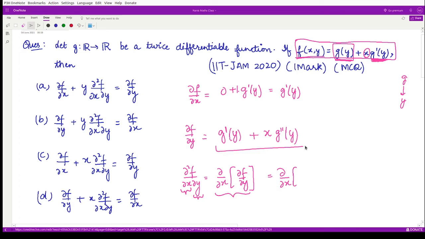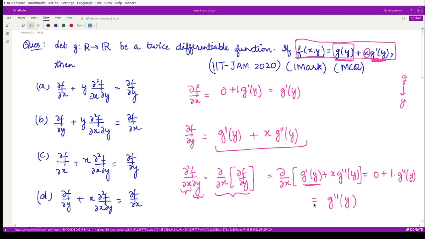Now del f upon del y is g dash y plus x g double dash y. Its partial derivative for the first term would be 0, and for the second term it would be 1 into g double dash y. So this is equal to g double dash y.